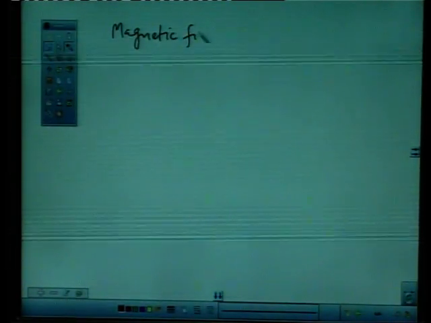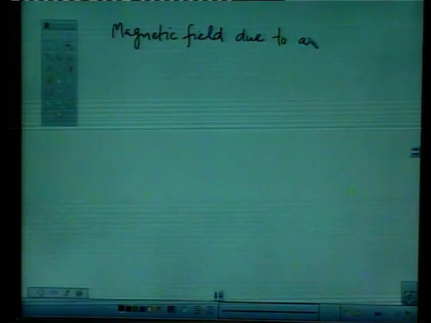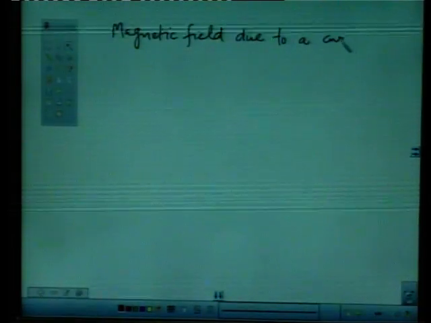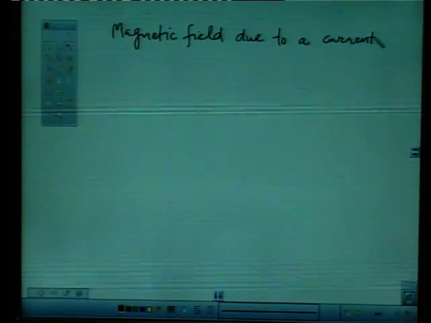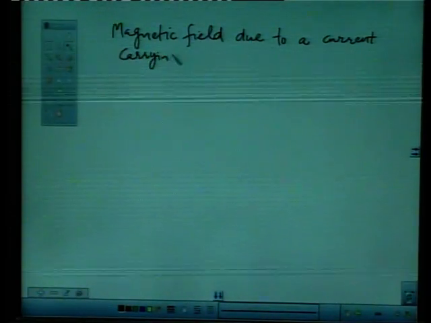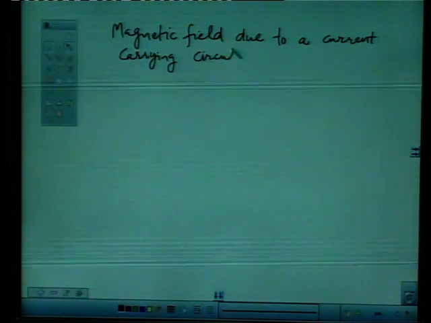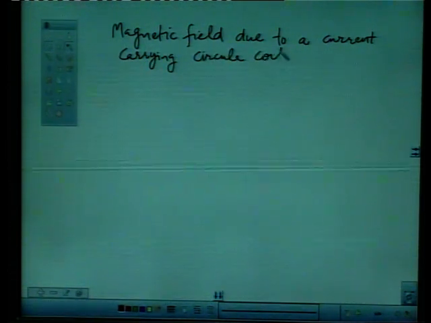Now, next is the magnetic field due to a current carrying circular coil.